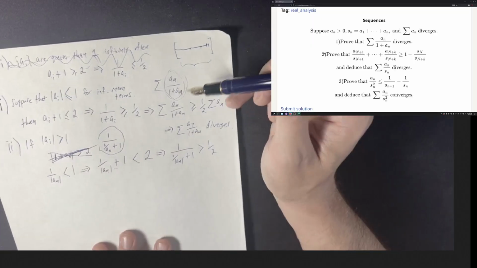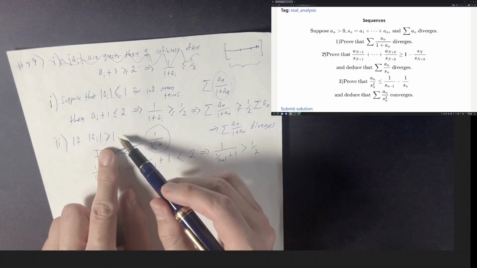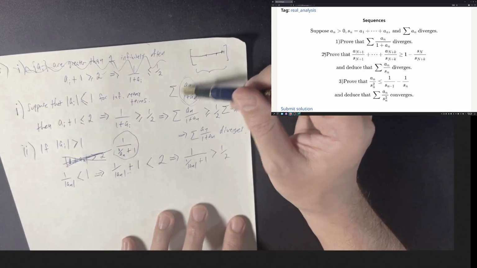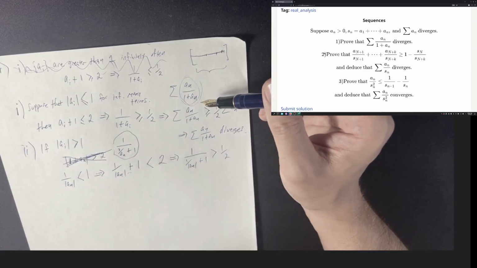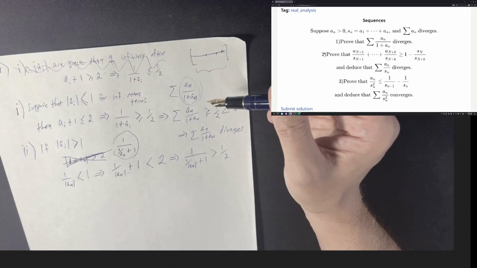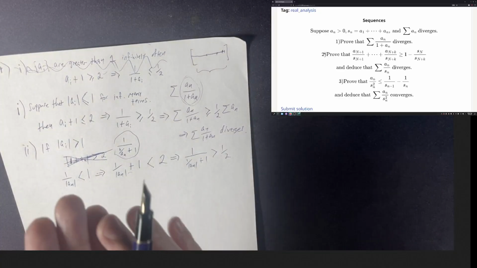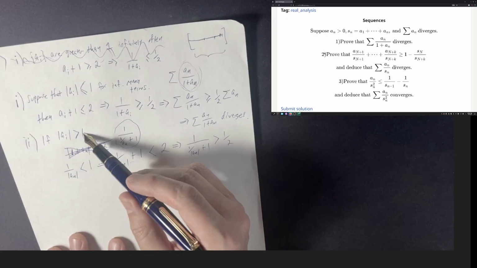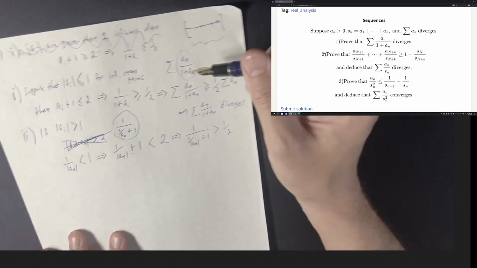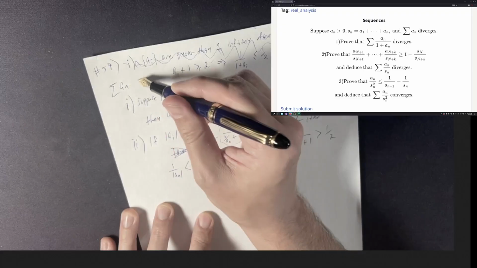You can kind of see it. If you're telling me that infinitely often it's bigger than 1, what if it was a huge term? Then this would practically be 1. That's the extreme, that you'd be adding up a bunch of terms that look like 1. But you can see that there's an issue there already. That's what led me to the thought that there's got to be a lower bound. So if you're bigger than 1 at all, if you're adding up terms, originally our assumption was that the a_n's are divergent.